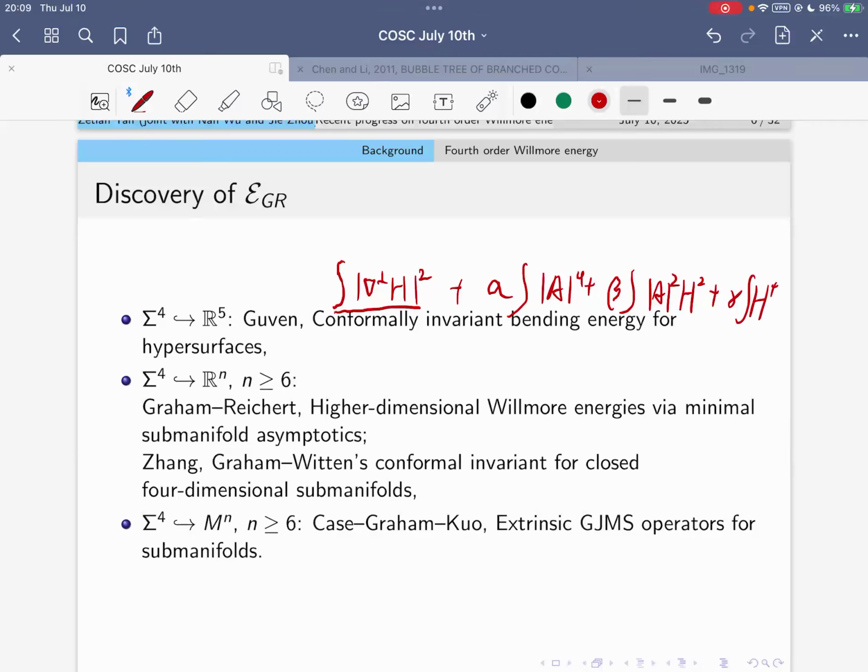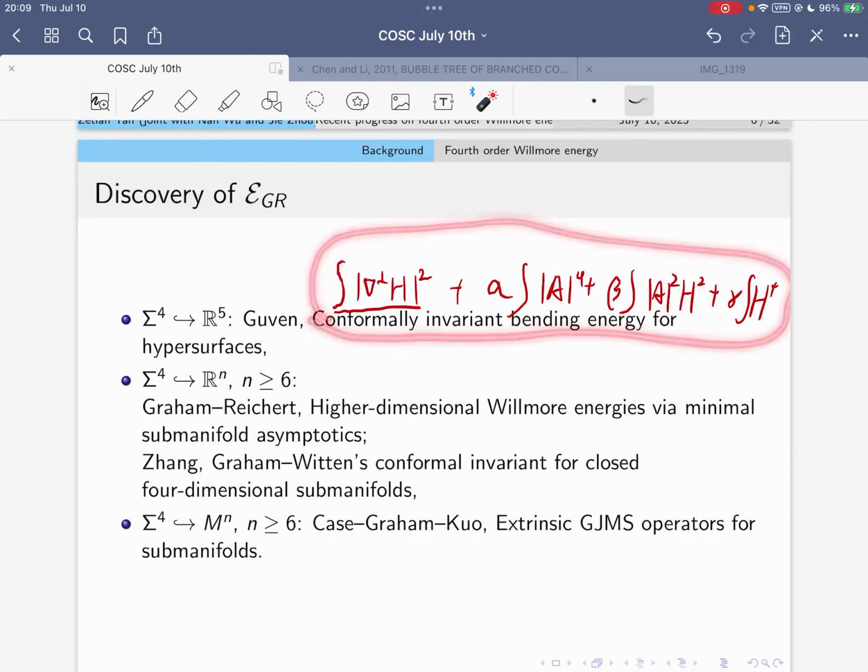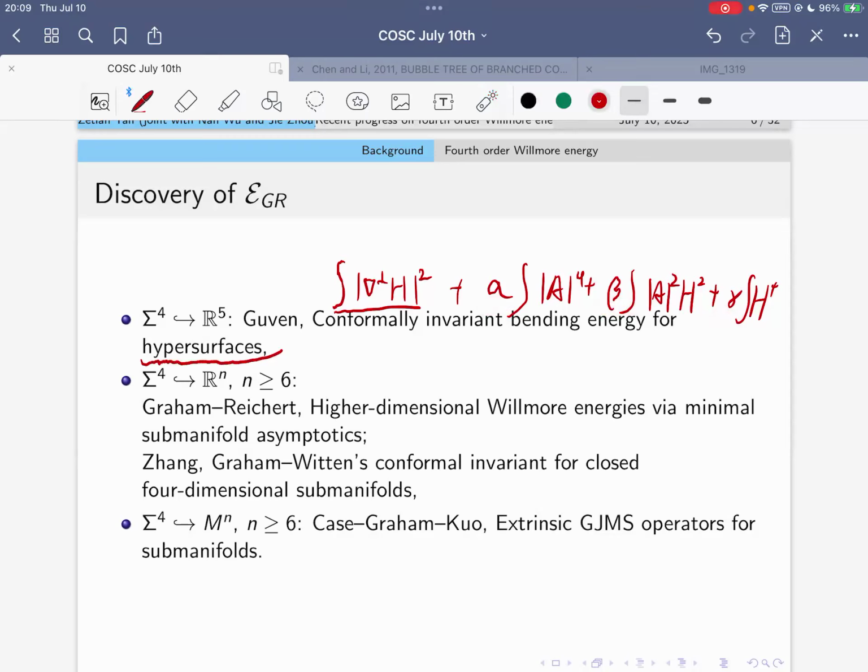The key point is we expect this functional to be invariant under conformal transformation, so from the variation under conformal transformation you can determine the coefficients. And he discovered this functional in the hypersurface case.